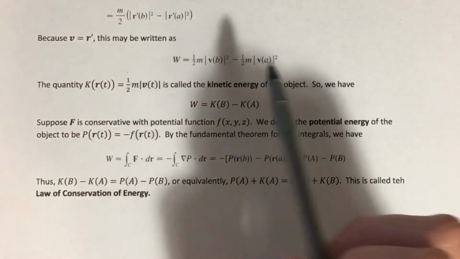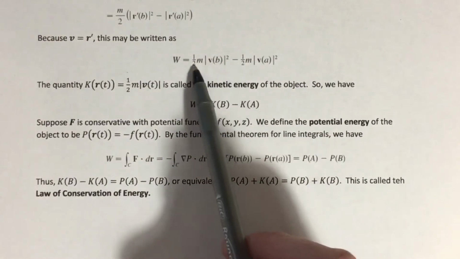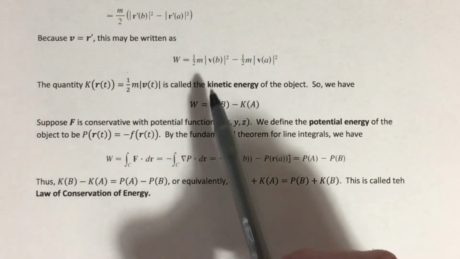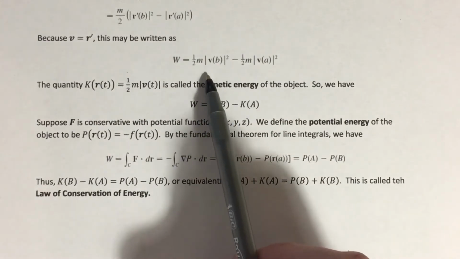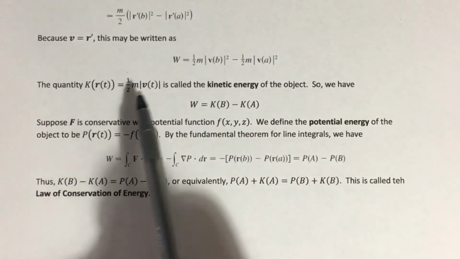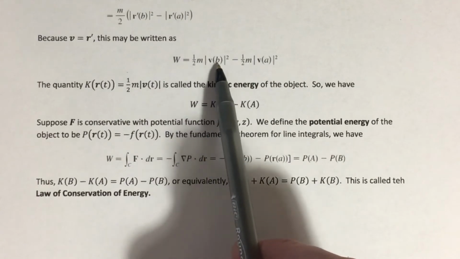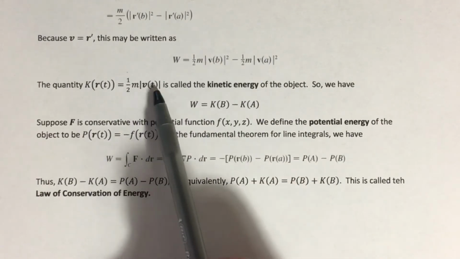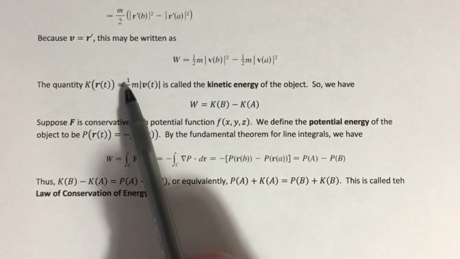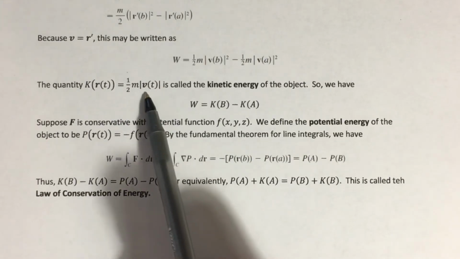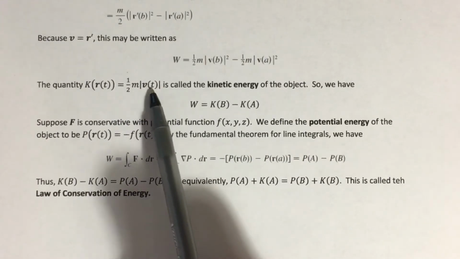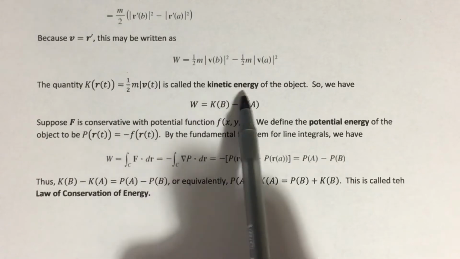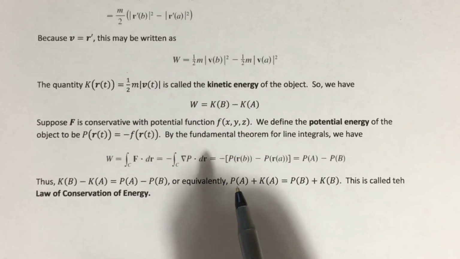Now, this quantity is an important quantity in physics, and we have a definition for it. To be a little bit more general, if I replace this A or this B with a t, then that quantity, 1/2 m times the absolute value of the velocity at that time t, is what we call the kinetic energy for that object.